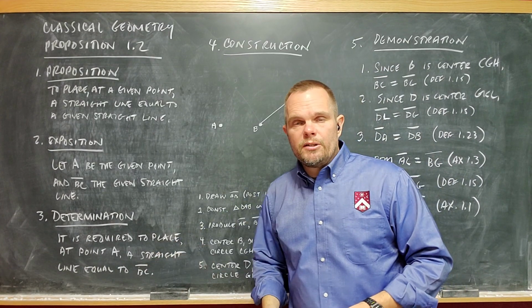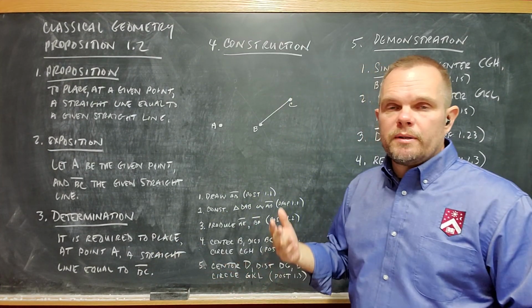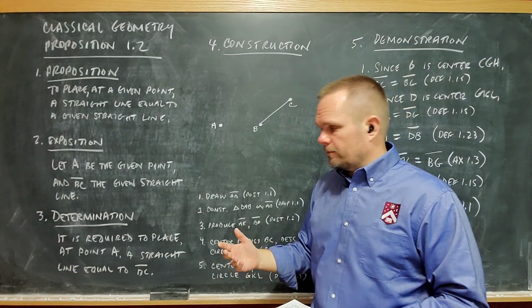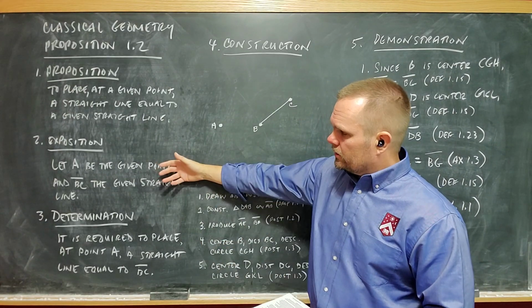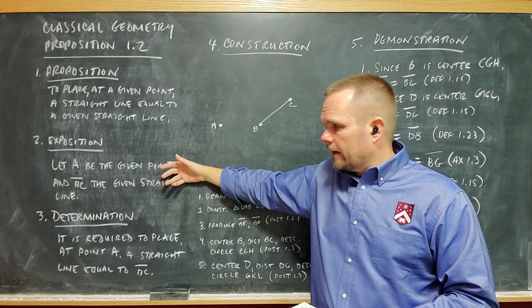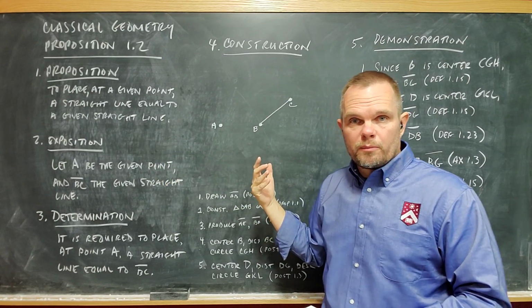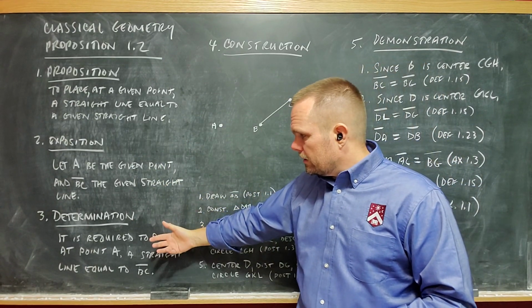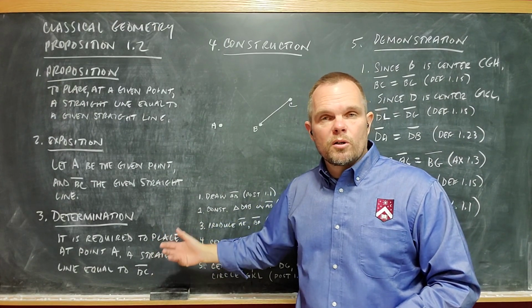In the determination, we clarify what's being sought in this proposition. The exposition clarifies what is given to us and prepares us for the work of the proposition, and the determination clarifies what we're going to seek.